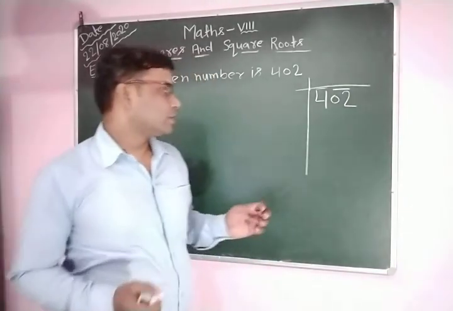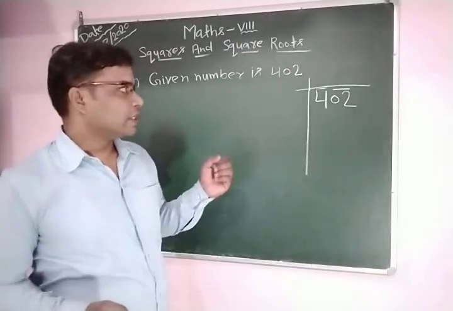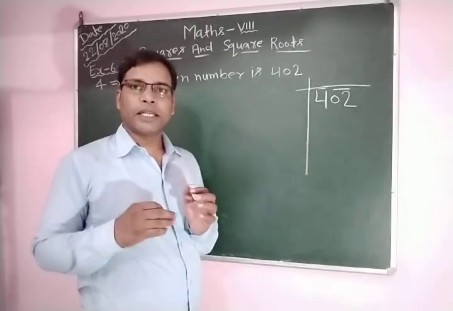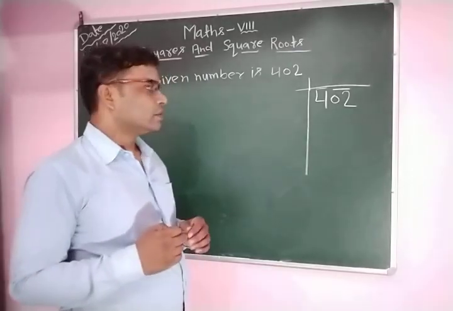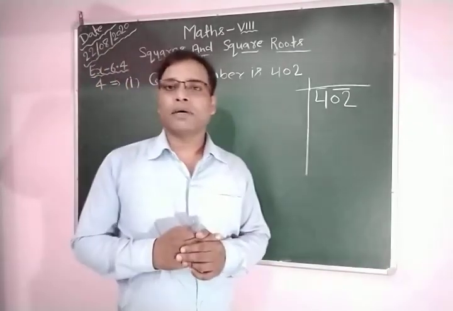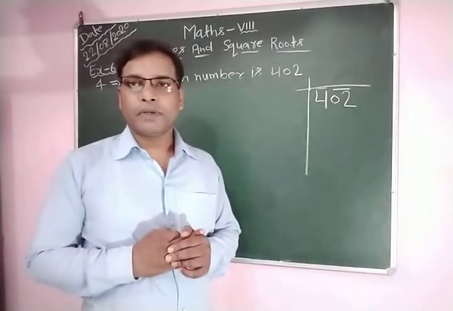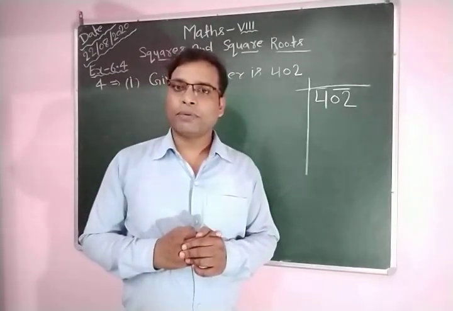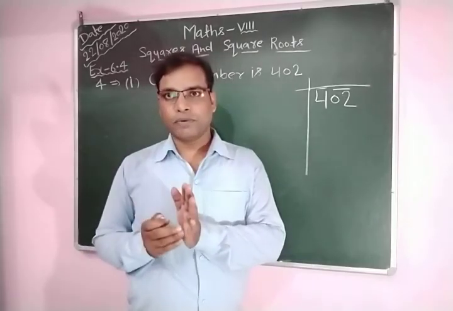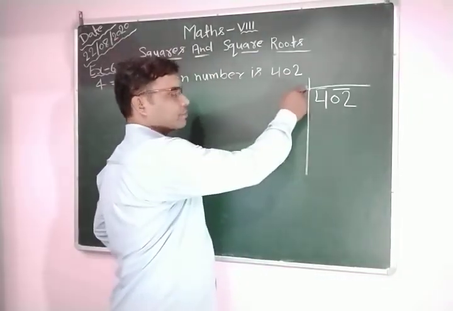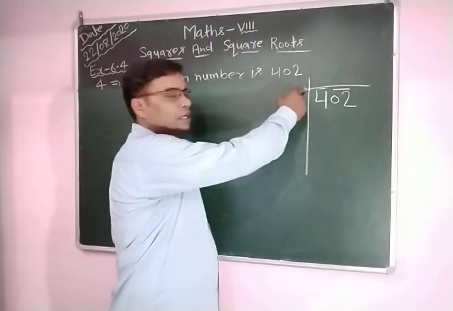We select a number whose square is less than or equal to 4. If you take 1, the square of 1 is 1, which is less than 4. But if you take 2, the square of 2 is 4, which is equal to 4. So we select the number 2.